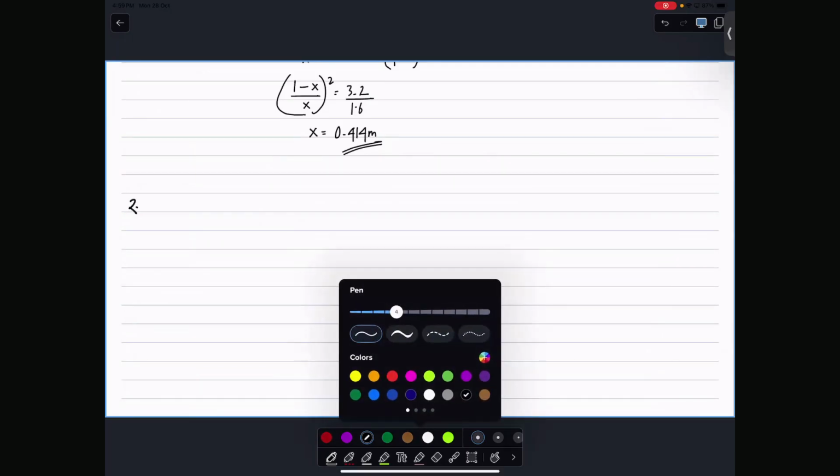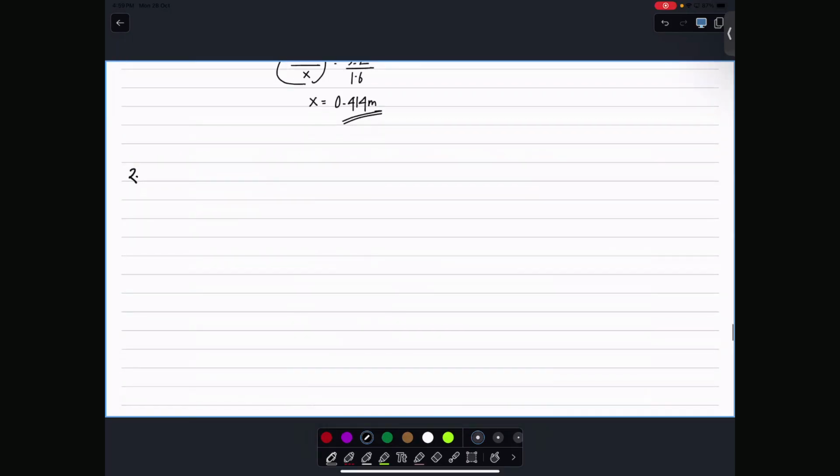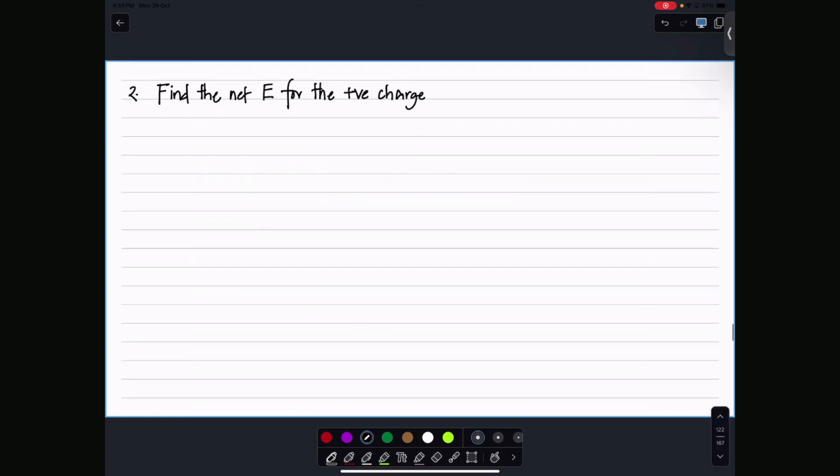Just start the question. This one is find the net E for the positive charge. So you have a positive charge here, plus 4 coulomb. 4 coulomb, by the way, is a very large charge, because the charge of a single electron is 1.6 into 10 to the power minus 19, so 4 is quite a lot of electrons.